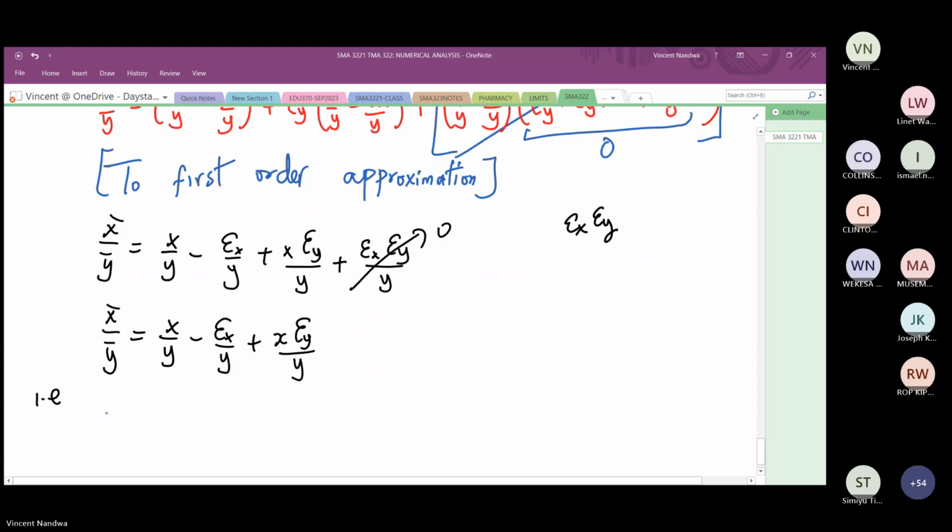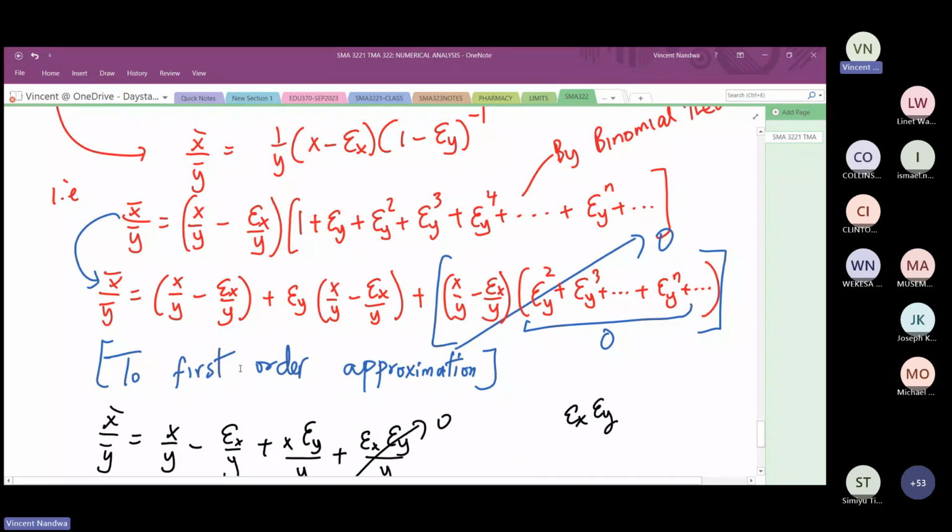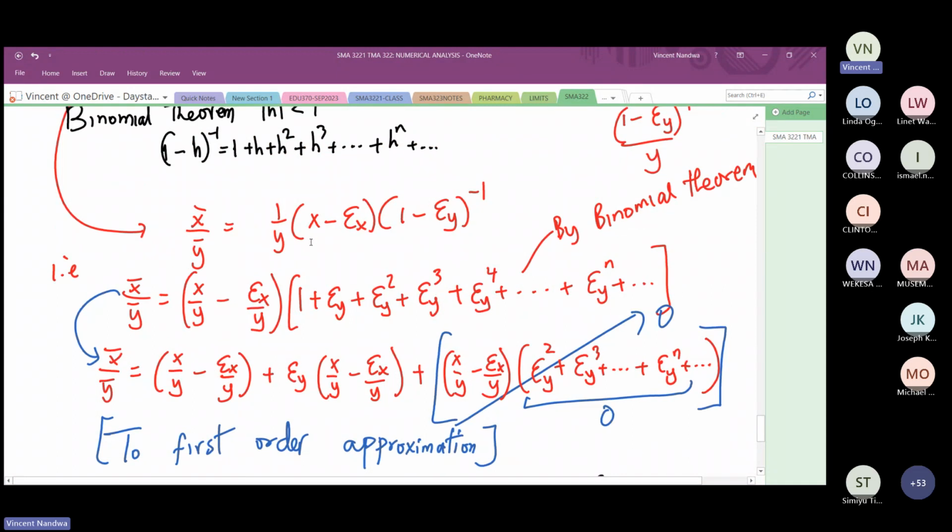So we'll have x over y minus x bar over y bar will be equal to x over y, minus, and then yes, 1 over x.